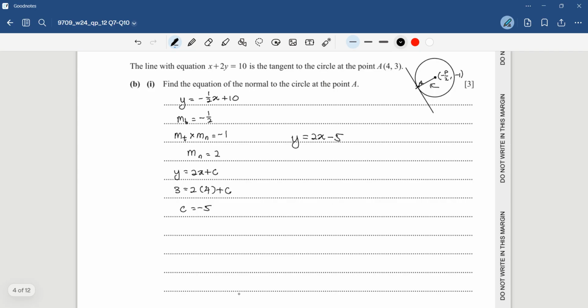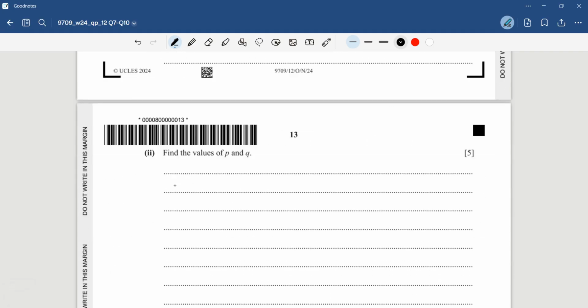You can substitute this inside and get p. So when x equal to negative p over 2, y equal to negative 1, so negative 1 equal to 2 bracket negative p over 2 minus 5. Therefore, p equal to negative 4.